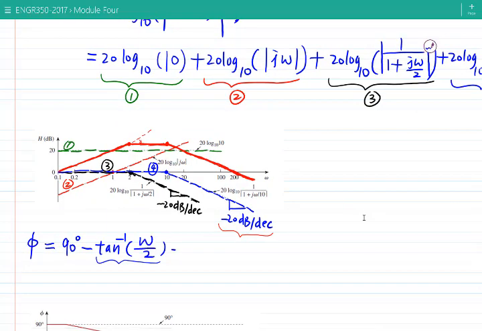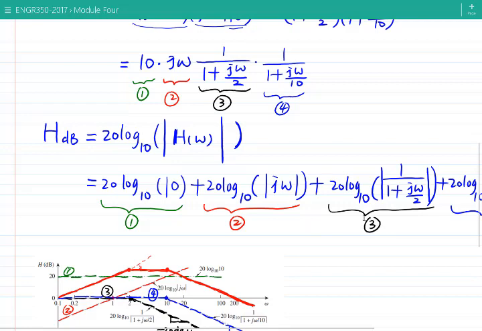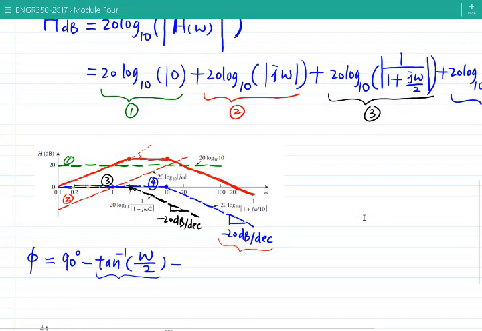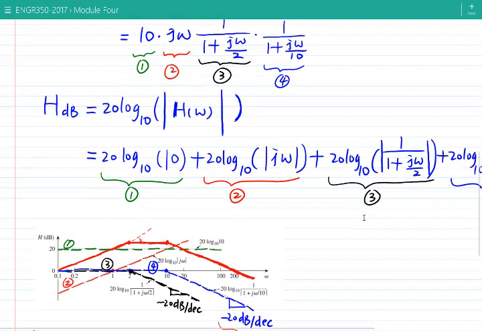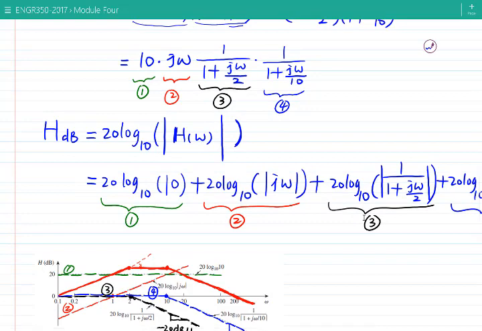Okay, so minus, the factor is also a first order pole. The phase angle of the first order pole is equal to minus inverse tangent function of y over x.